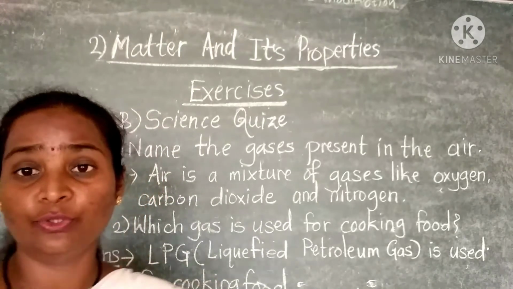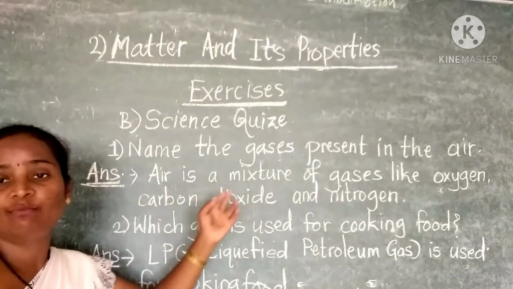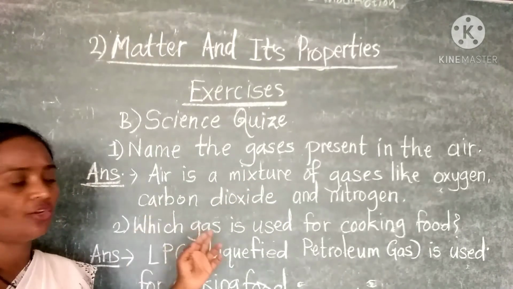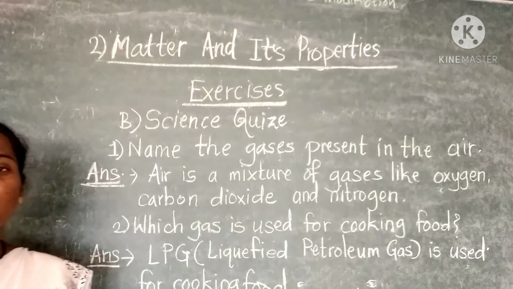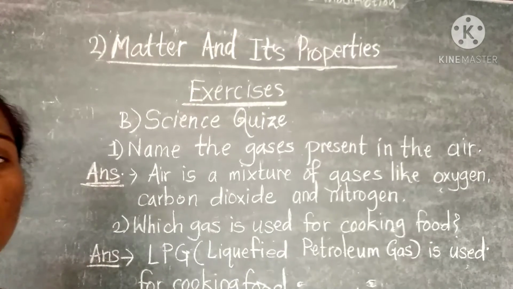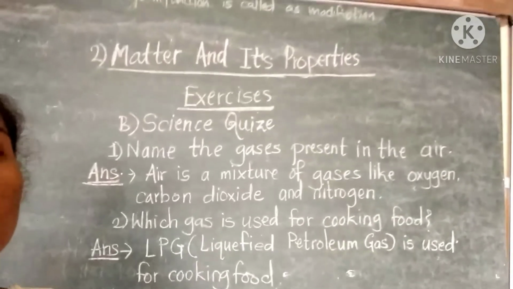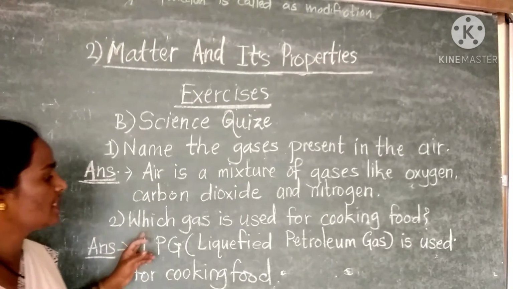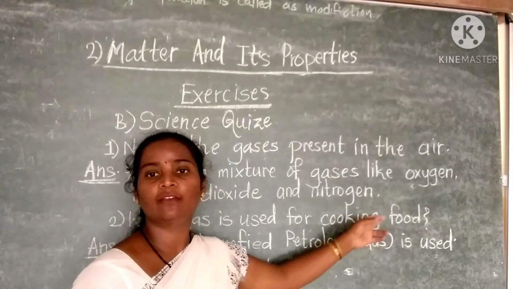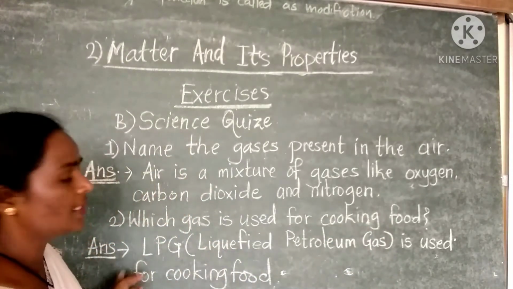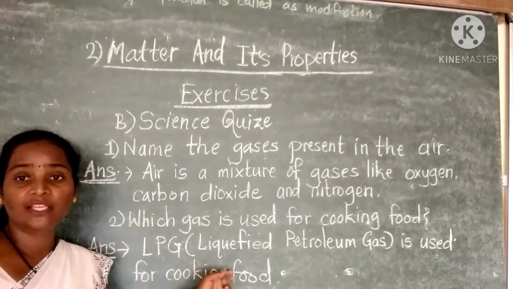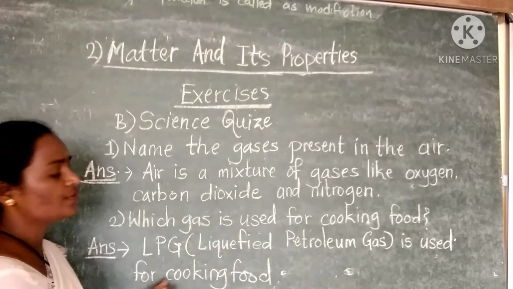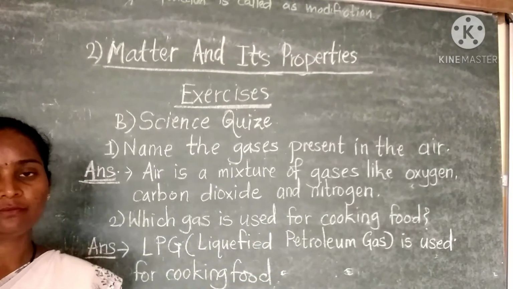I have told you that air is a mixture of gases like oxygen, carbon dioxide and nitrogen. You have to write the answers this way. Second, which gas is used for cooking food? The answer is LPG, liquefied petroleum gas.